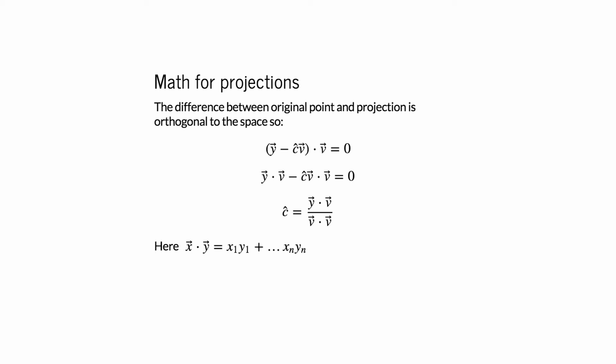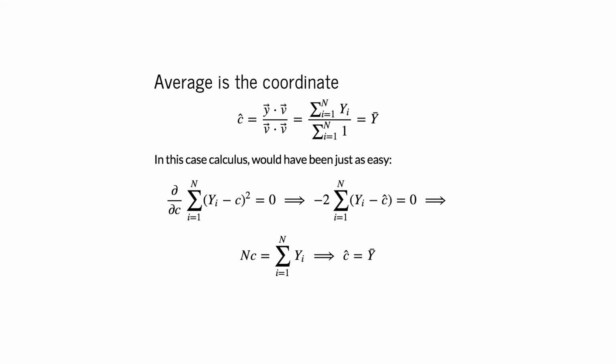Once we write this equation out, we find there's the solution. We can solve this using the linear algebra that we've learned. And remember that here, x times y, in general, this dot is the matrix multiplication that we see here at the bottom. All right, so if we solve it for that first problem that we encountered, if we just do the math, we get that the answer for the c that minimizes the distance between the point and the space is the average of y.